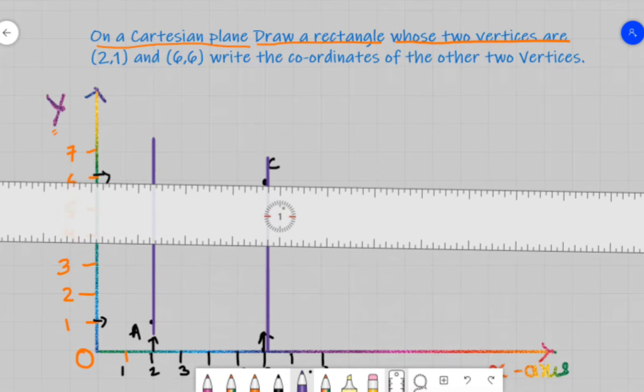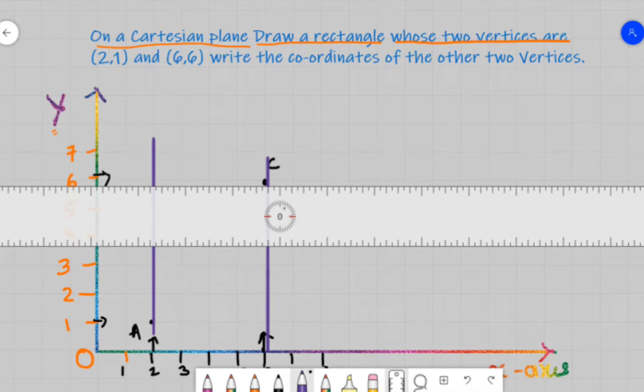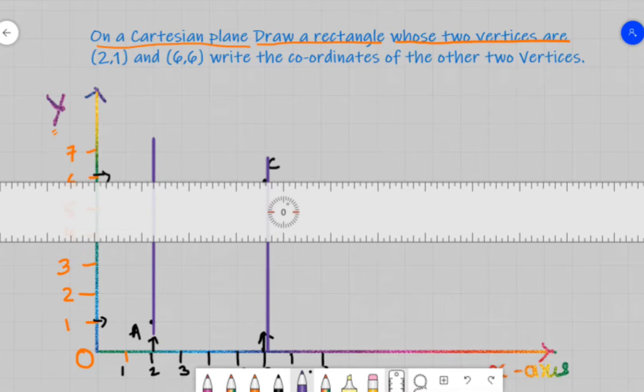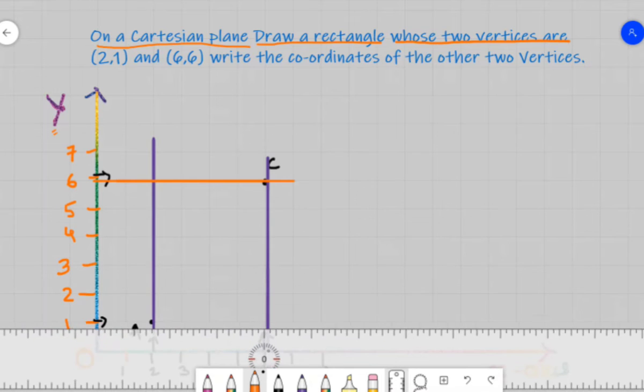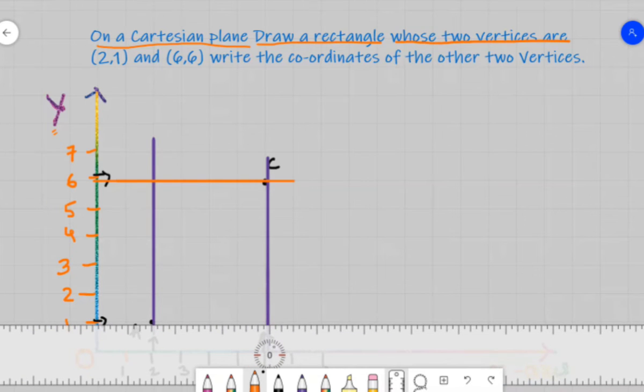Now see, this is. Let me take another color. Now see, I have drawn a line perpendicular to y-axis from C. Okay. Similarly, from A also draw a line perpendicular to y-axis.